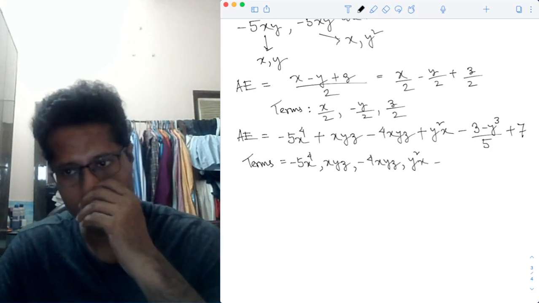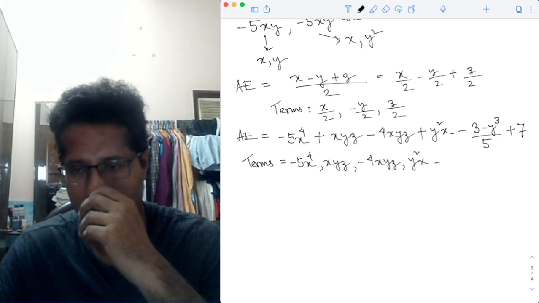Now 3 minus y cube by 5, that is not a term.